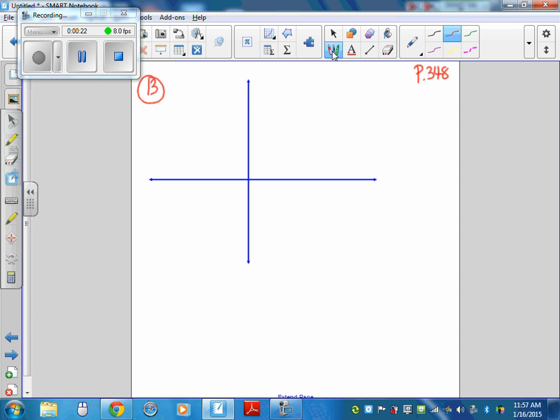So I'm going to put the 3 coordinates. T is -2, 1. And then R is 4, 3. What is R? 4, 3. It's in your book, right? Page 348.